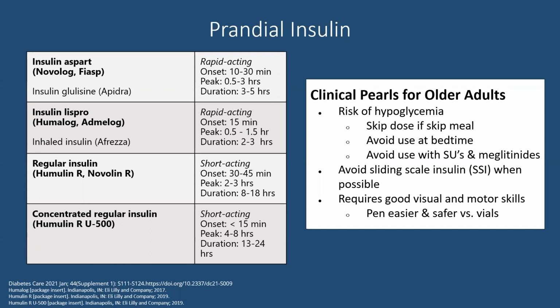So obviously, you don't use it if you skip a meal. You avoid it at bedtime because it's much more likely to cause a hypoglycemic response. You definitely don't use these with sulfonylureas or meglitinides, again, because they're secretagogues.